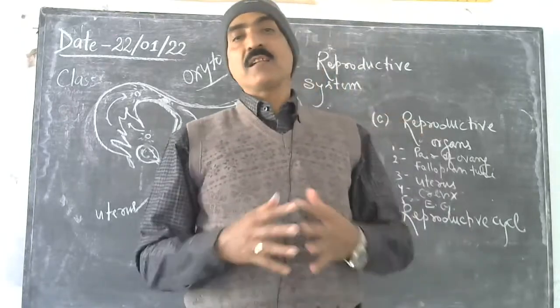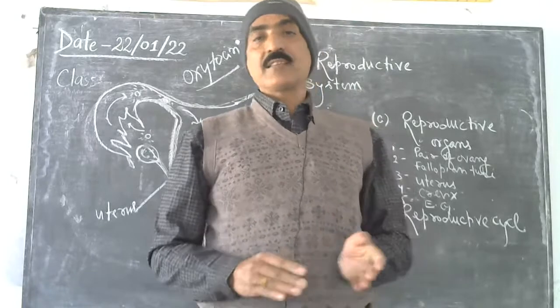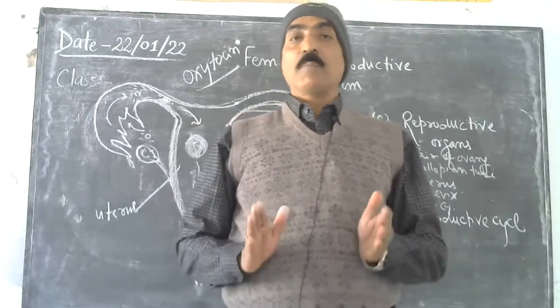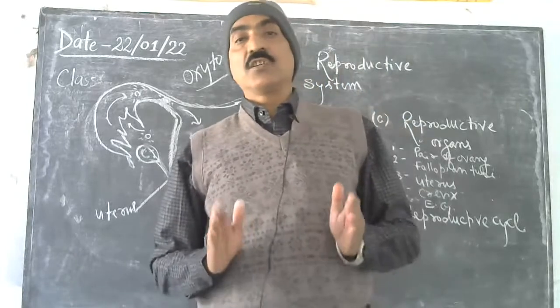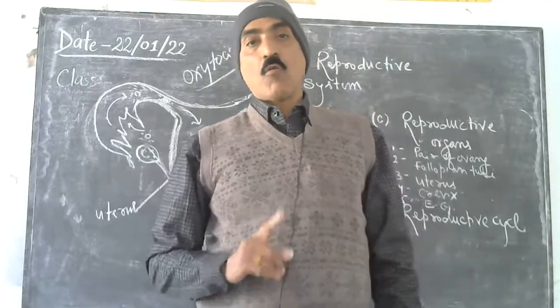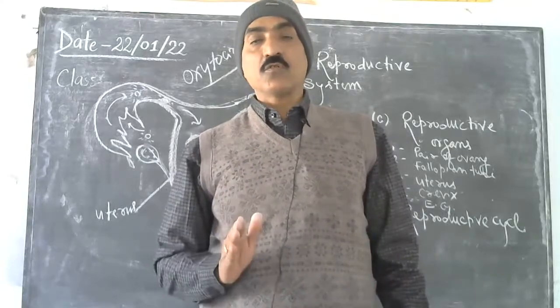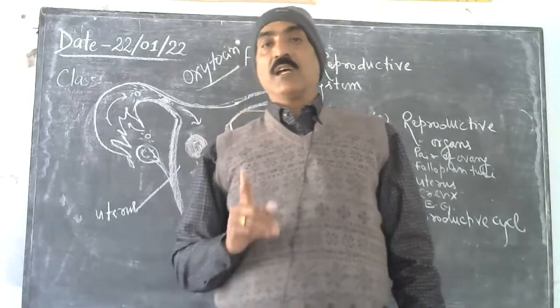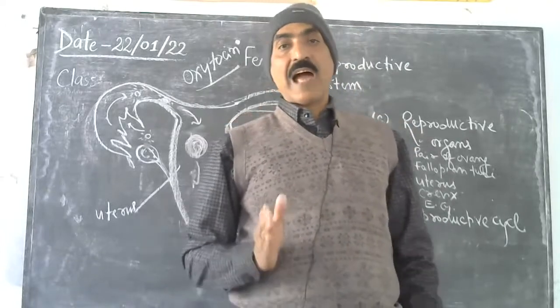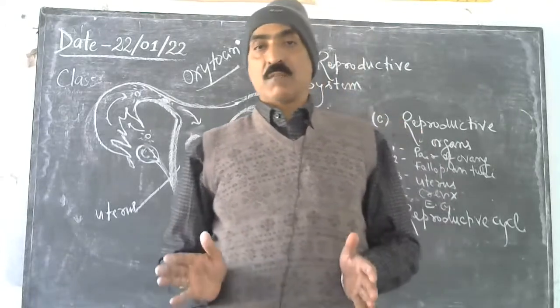But as the female reproductive system is slightly more complex than the male reproductive system, because the female or mother is required to do two important functions. One important function related to the female reproductive system is the preparation of the gamete, like the male reproductive system.